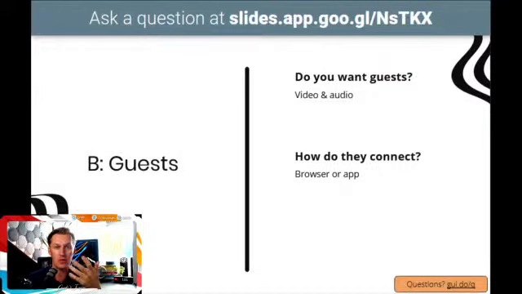Or would you be more comfortable, and it's usually easier, if that person is not required to install an app, but just clicks on the link, opens their browser, and joins your session. Usually through a modern browser like Firefox or Chrome.